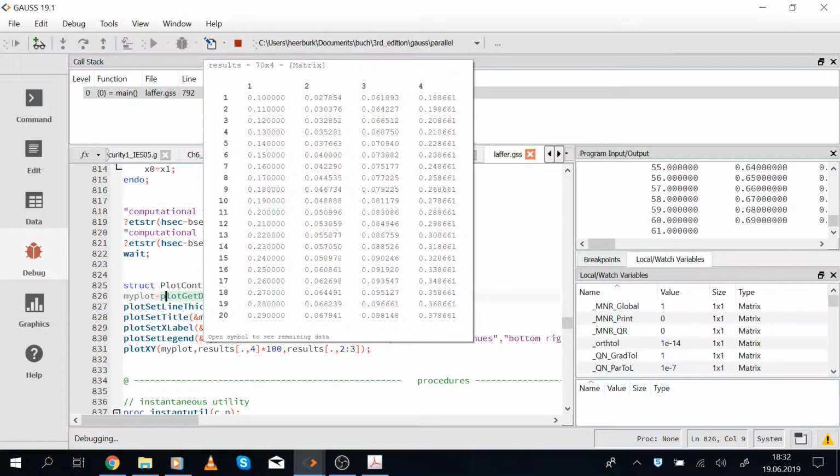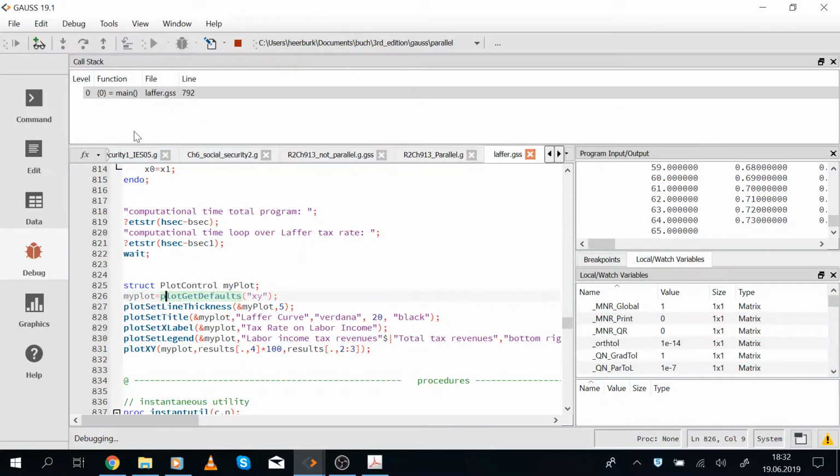And this completes our computation of the Laffer curve.